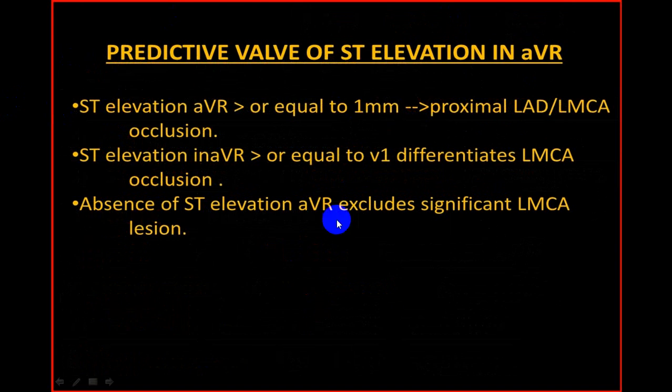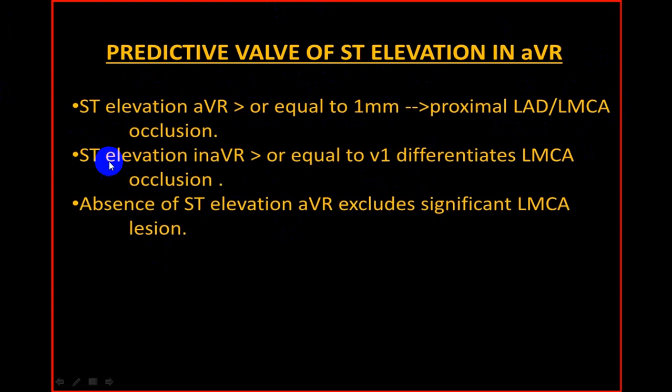The most important part is this is a dangerous condition. If you get an ST elevation in AVR, it indicates certain things. We have already discussed this during ST elevation, but I'm repeating again. If you get an ST elevation in AVR which is more than 1 millimeter, it suggests proximal LAD or LMC occlusion.